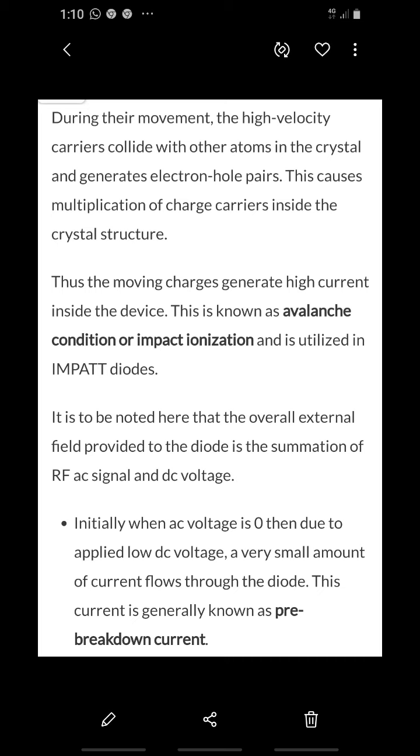Initially, when the AC voltage is 0, then due to the applied low DC voltage, a very small amount of current flows through the diode. This current is generally known as pre-breakdown current.